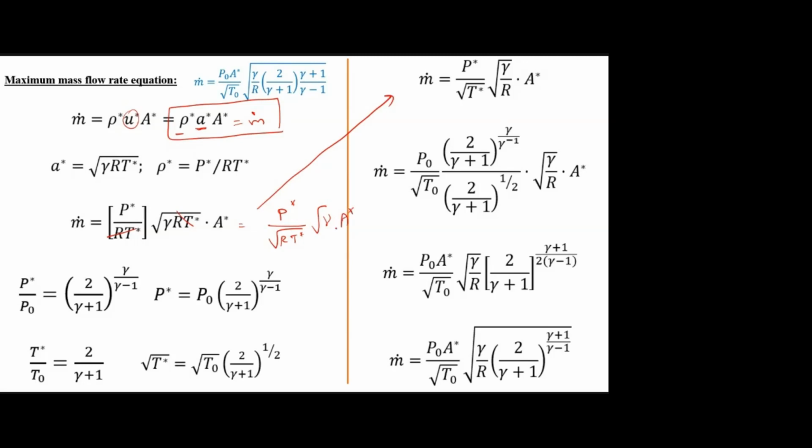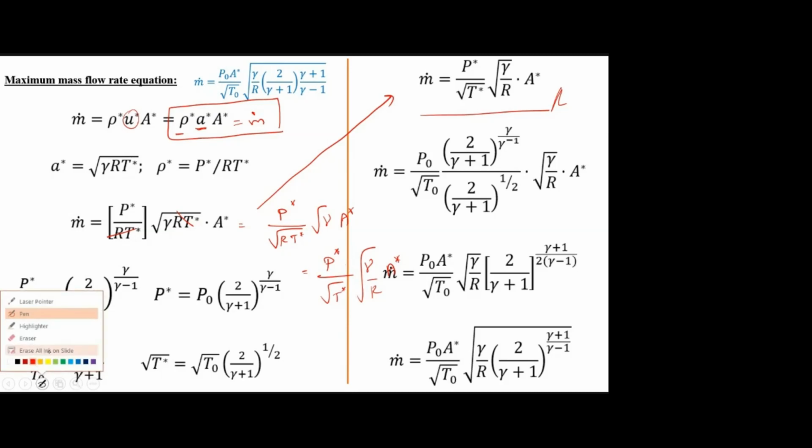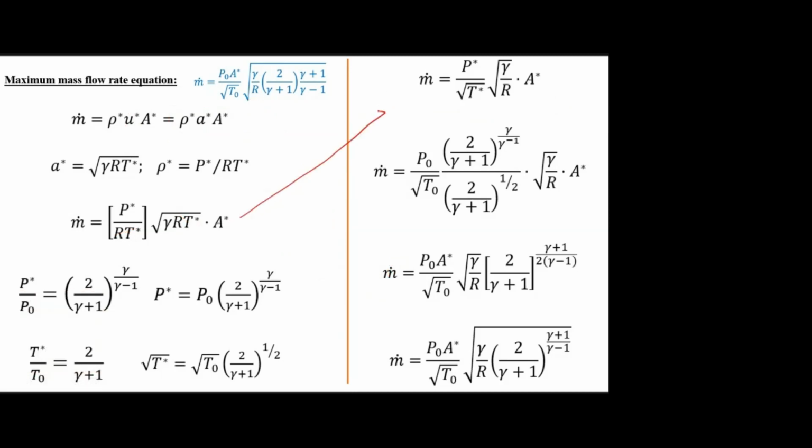Still further they are rearranging it, that is P star divided by root of T star, and this one, gamma by R, A star. Is that clear? That's what they have written here. It is normal simplification and rearrangement. So from here to here they are writing. Now I have P star, T star, gamma, R, A star.